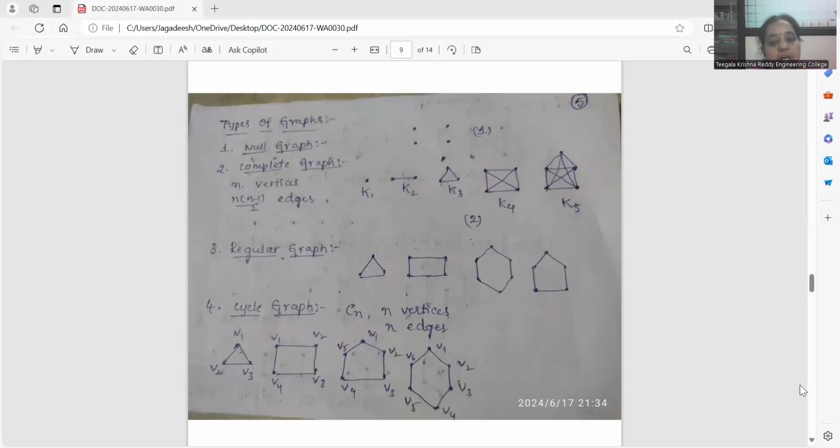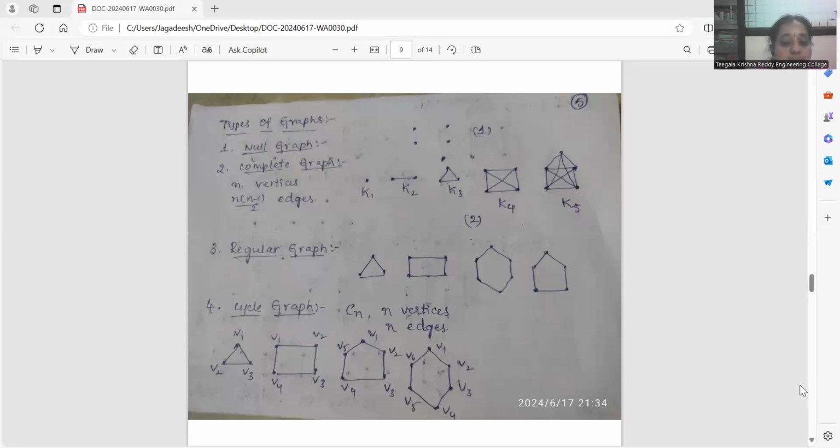For K4, the very top vertex V1 is connected with every other vertex, and in K5 also it is connected with every other vertex. So for K5, what is the degree of all vertices? 4, because each should be joined with every other vertex. So that is K5, complete graph.